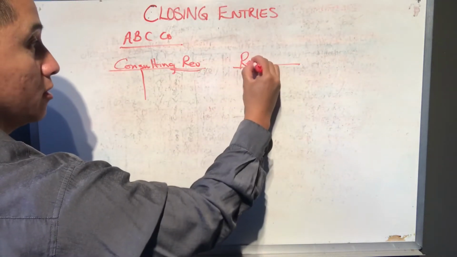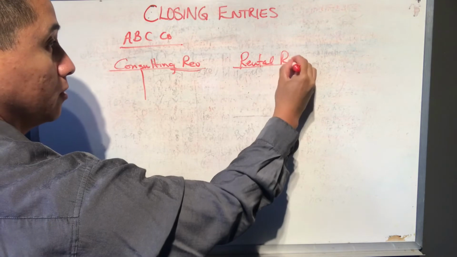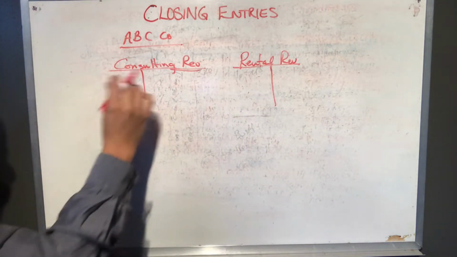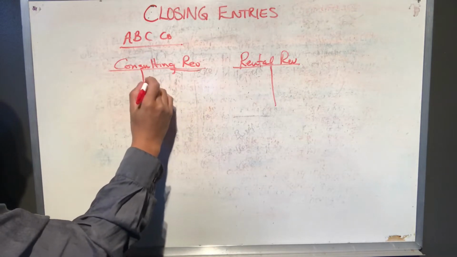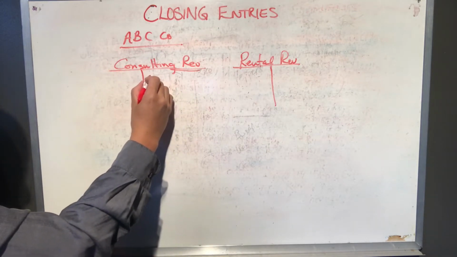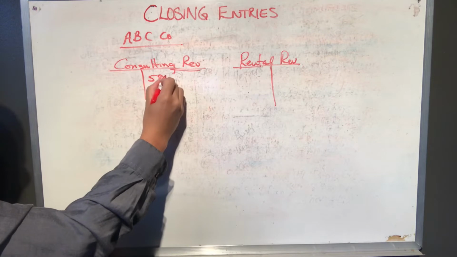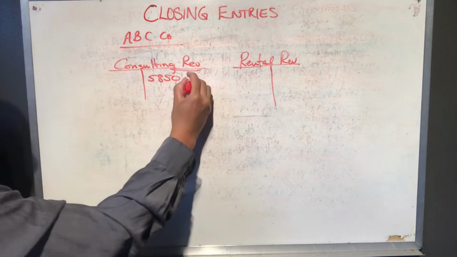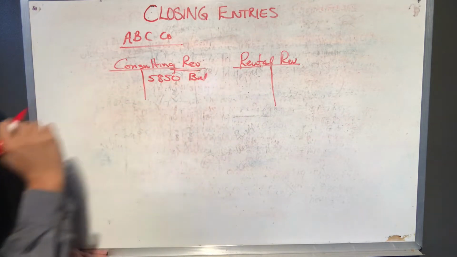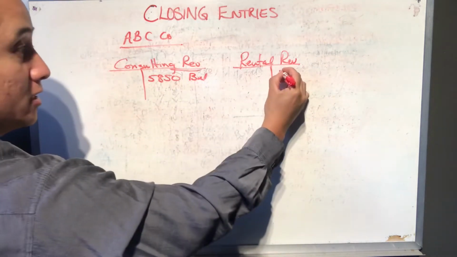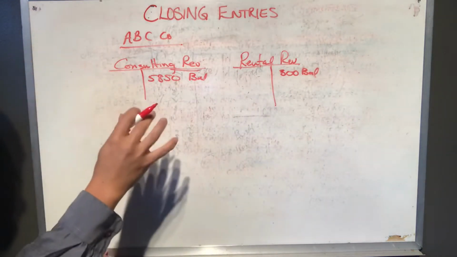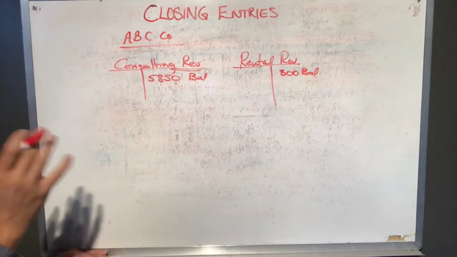Because we know that revenues normally have a credit balance, let's say that ABC Company has a consulting revenue balance of 5,850, and a balance of 300 for rental revenue. At the end of the accounting period, we need to close both of these out to the income summary.